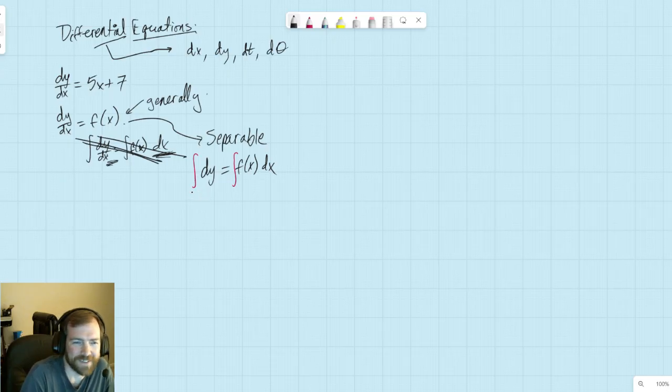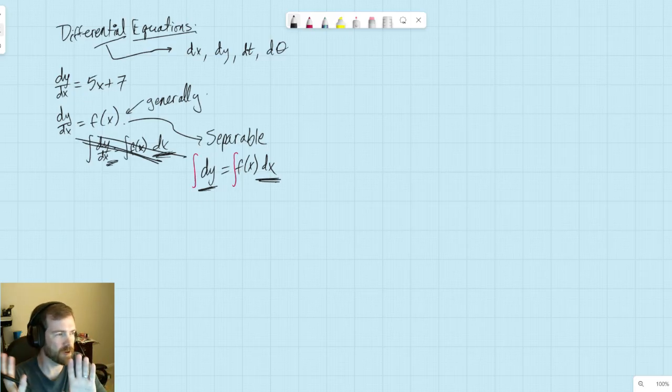So, what I would suggest is then taking the differential operator, or sorry, taking the integral operator and put it on both sides here, and now it has a natural variable that goes with it already. So I absolutely love this particular form of differential equations, where you can separate them so that all of your dx and dy stuff are on their own side.